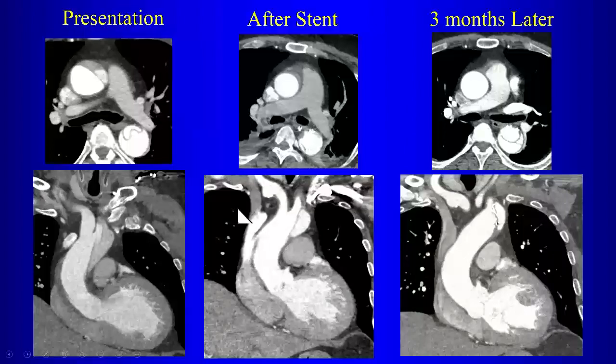By identifying the entry tear and by closing the entry tear, they will allow the ascending aorta then to heal. And so this is now this new classification of dissection. So identifying the location of the entry tear is very important in these cases because it determines the management.